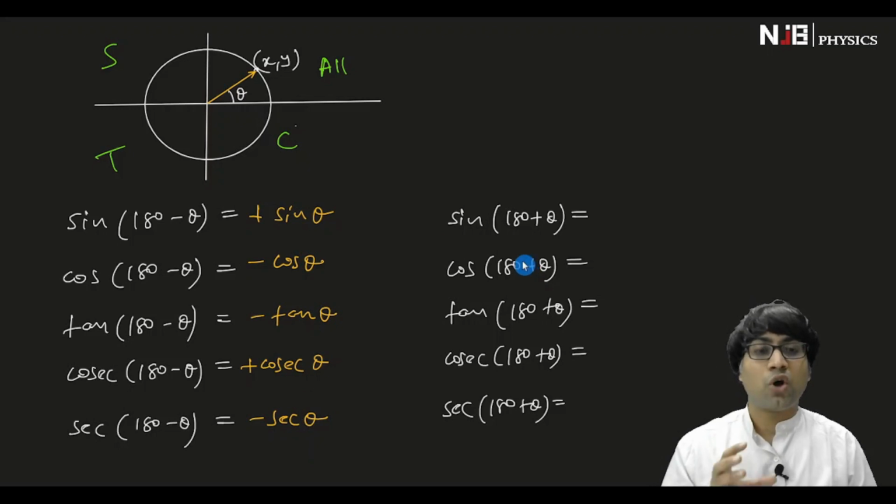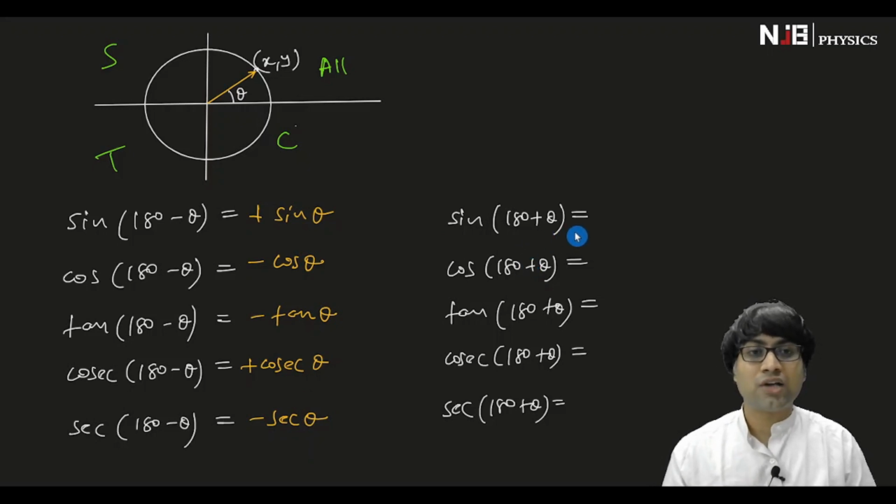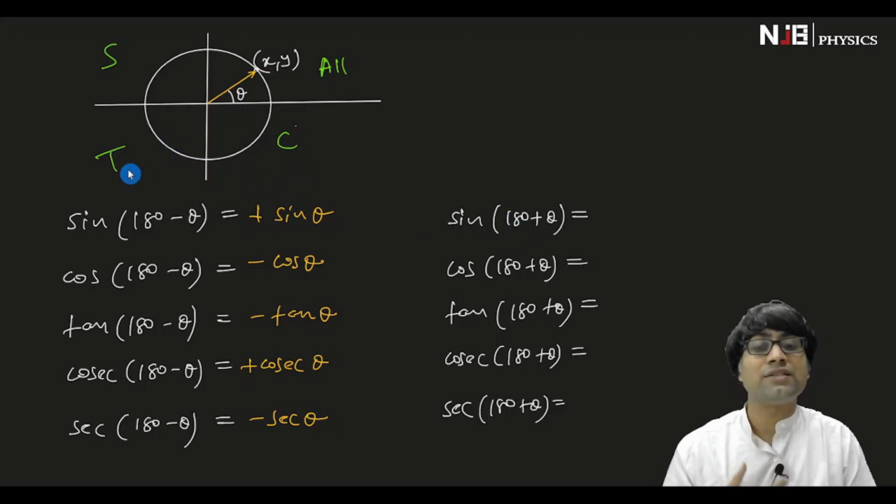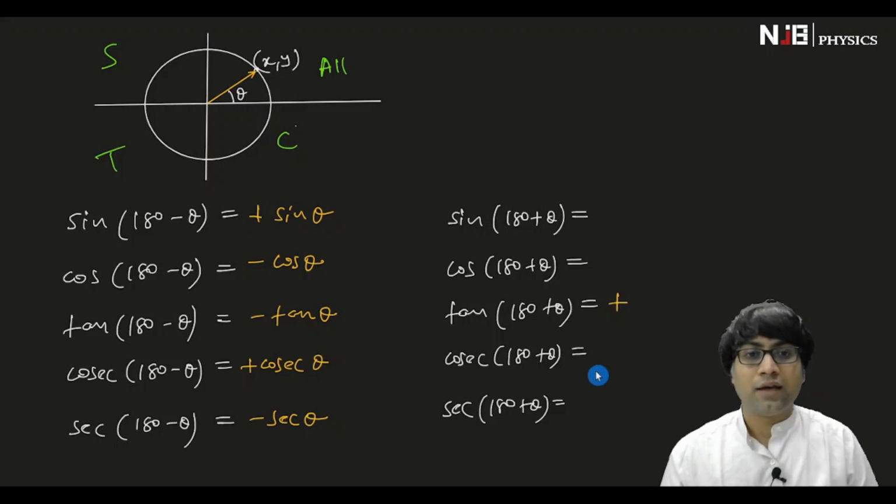Similarly, if we apply the concept here at 180 plus theta, first of all, we'll see which quadrant 180 plus theta is in. It is in the third quadrant, and in the third quadrant, tangent and cotangent are going to be positive, and all the rest are going to be negative. And therefore this is positive, and the reciprocal of tangent, cotangent, is going to be positive, which I have not written over here. And all the rest are going to be negative.